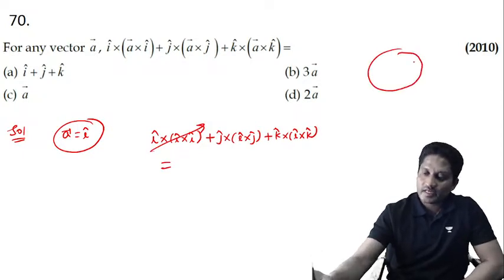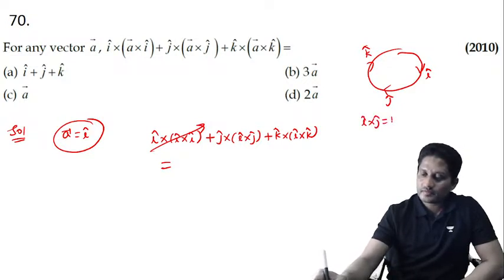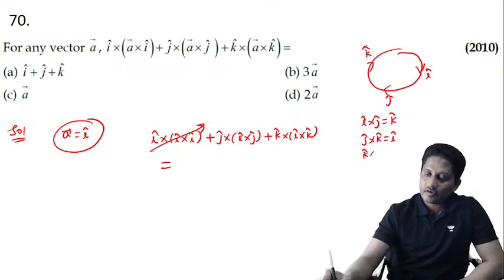Right, now if I take in cyclic order, this is I, this is J, and this is K. I cross J will be equal to K. J cross K is equal to I, and K cross I will be equal to J.